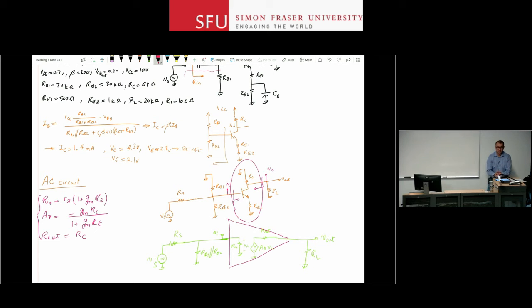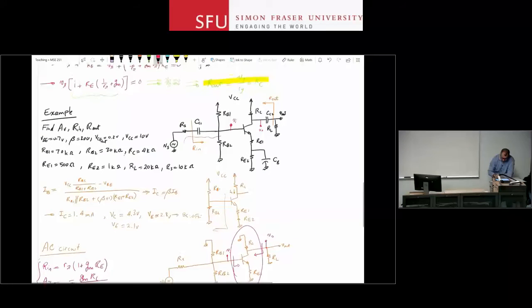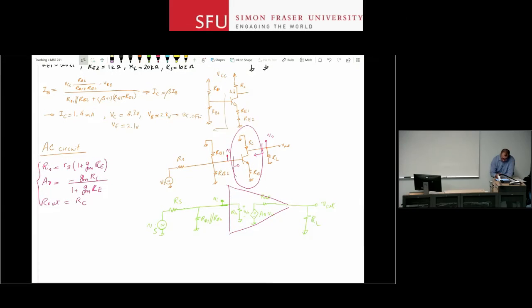So I know everything inside that triangle. This is a linear circuit. I can very easily solve it. Now if I go back to the original drawing, I need to report the Rin value and R out value for this new circuit as well. Rin that I need to report is measured from here.